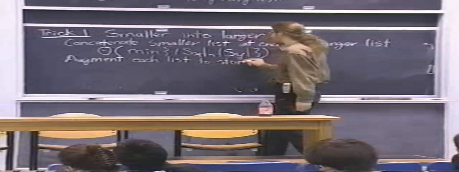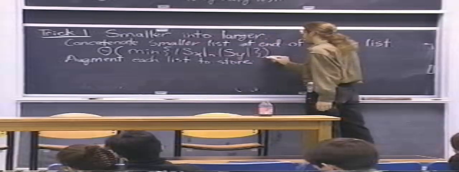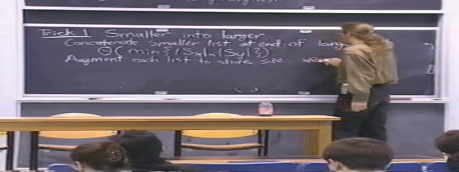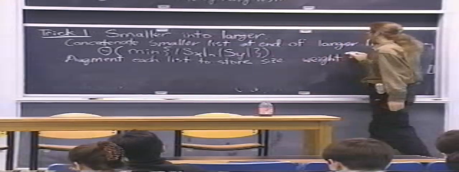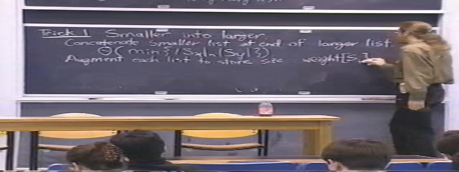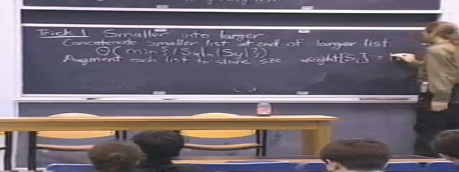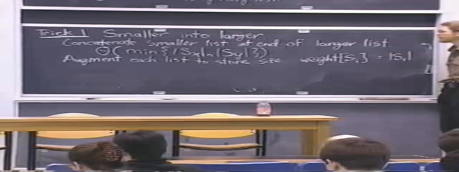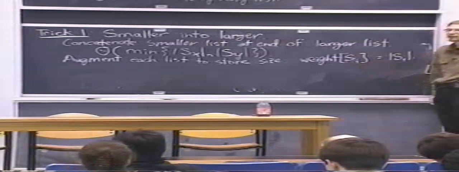We'll call that the weight of the set. So the weight of Si is the number of elements in Si. So we can store that at the representative element, for example.